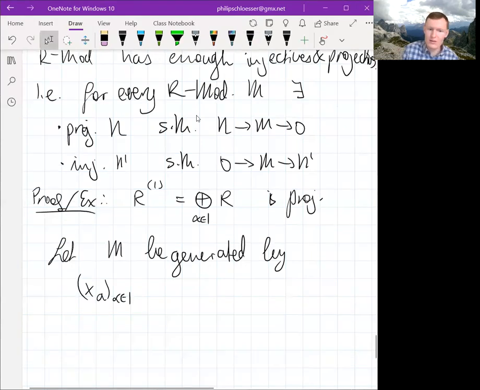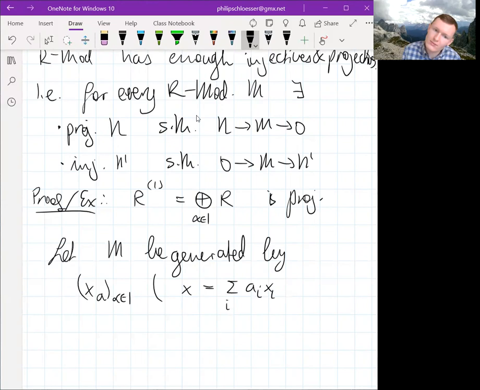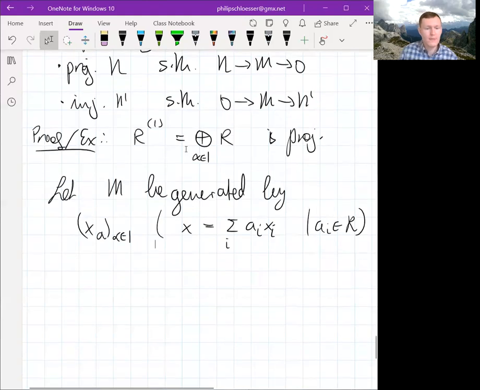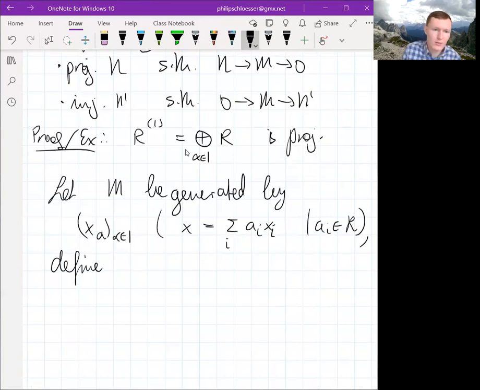Generated just means that we can write every X as some linear combination over R. And then we can define the map, the map from R to the I in brackets to M, that maps some vector of coefficients to that linear combination.